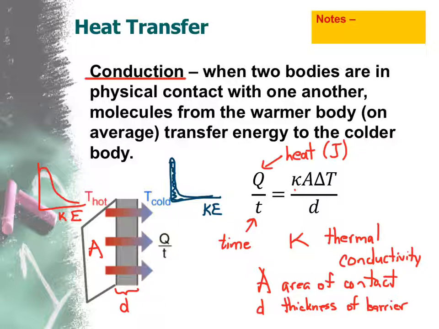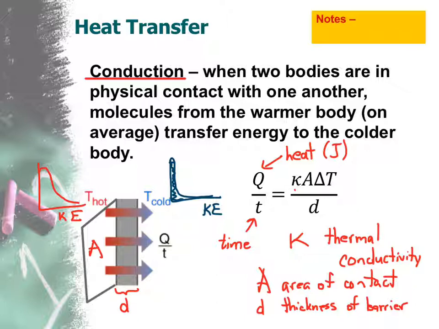Now, I'm already going to help us answer our objective question. That is, why is it that when you stick your hand in a hot oven, it doesn't feel uncomfortable? I mean, it feels warm, but not uncomfortable until you touch that metal bar, or the metal shelf in the oven.